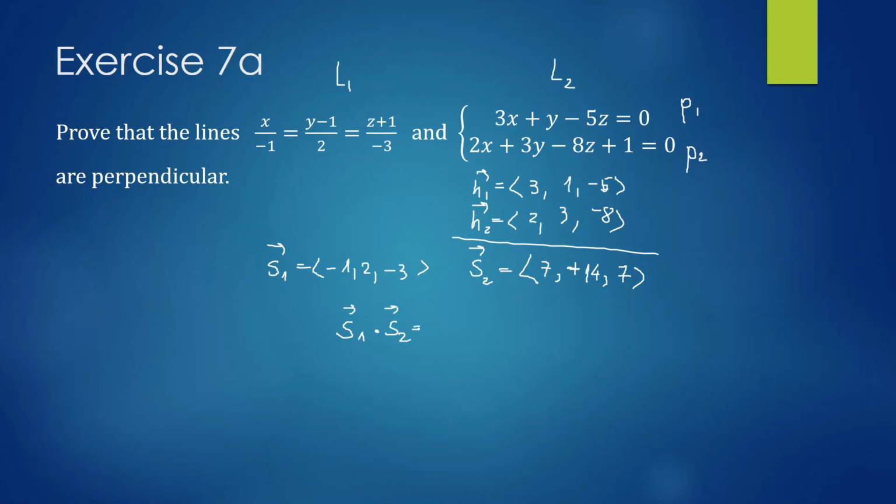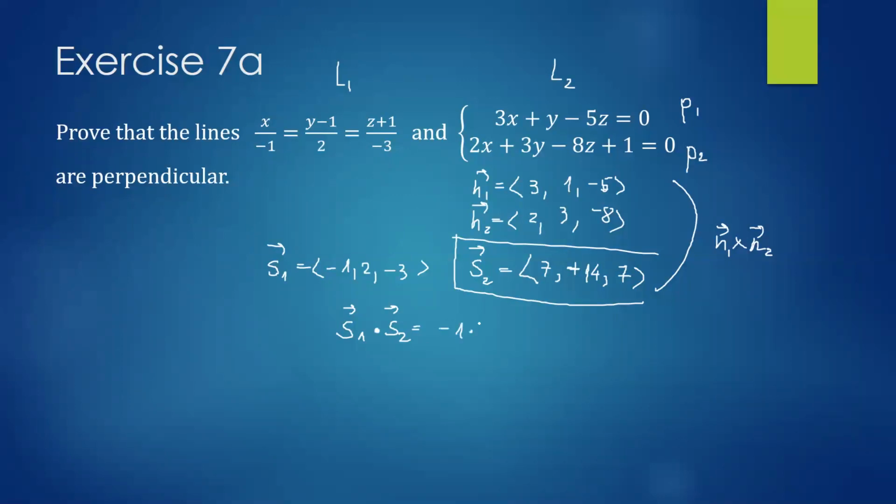So you see, in one and the same task, we needed to use the cross product of two vectors to find one of the direction vectors, and then we need to use the dot product to establish perpendicularity.